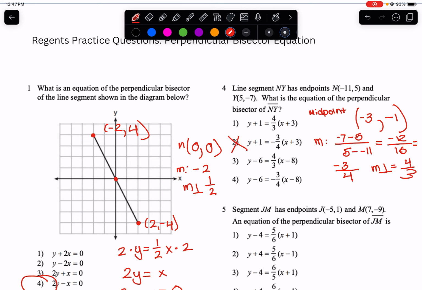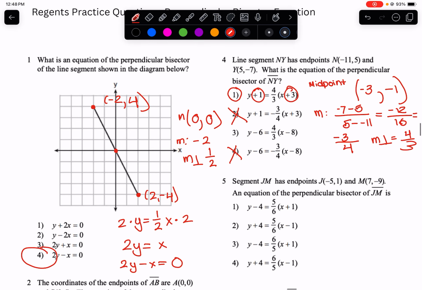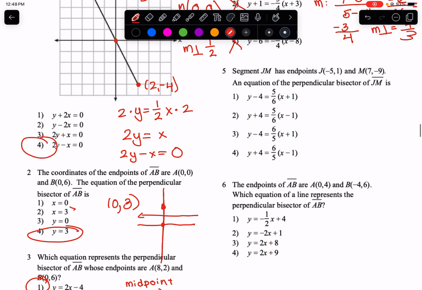So we can eliminate anything that does not have that slope. So if we look, your answer should be number 1, because you see the +1 and the +3, they assign to the opposite, but that is showing that it goes to the point -3, -1.